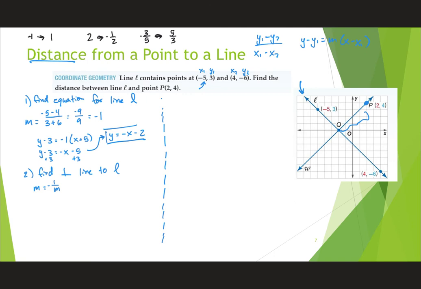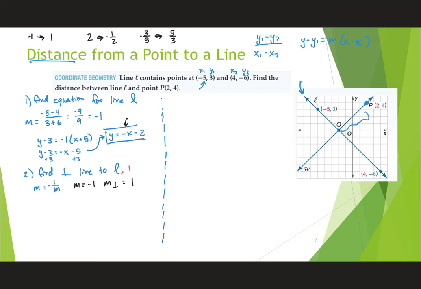In this case, my original slope is -1. So m is equal to -1. Therefore, my perpendicular slope is going to be 1. Okay? Now, I'm looking for the line perpendicular to L that goes through point P. Okay, so I'm going to add on to this.